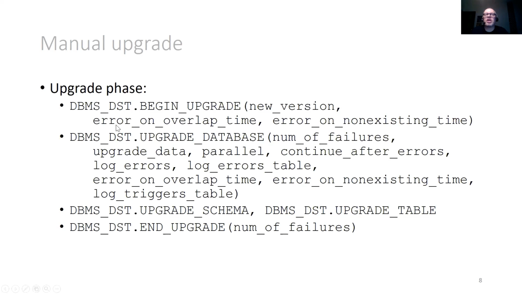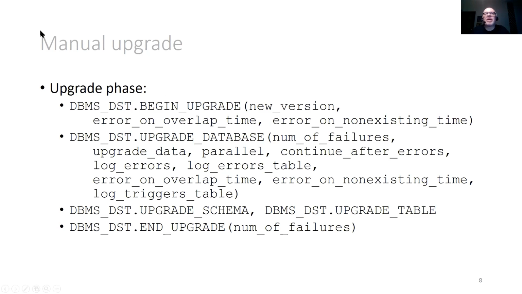So if you specify false for those parameters, here you specify this for system tables, right? So begin upgrade begins the phase, loads the time zone files, but also upgrades the data dictionary columns, right? So sys tables, once begin upgrade finishes successfully without throwing an exception, you know that data dictionary tables have been already upgraded.